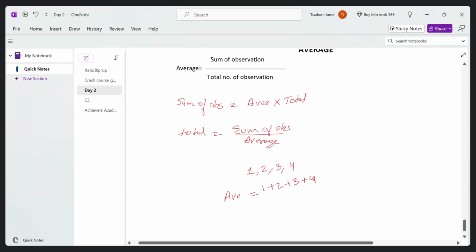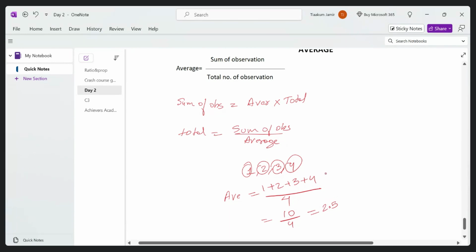Total number of observations means how many numbers we have: 1, 2, 3 and 4, so four numbers. This will give us how much? 10, right? Divided by 4 will give us 2.5, right?